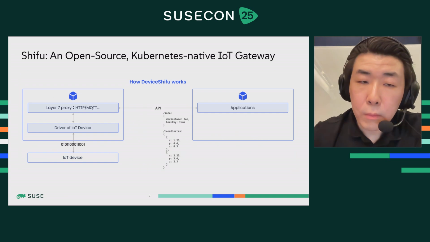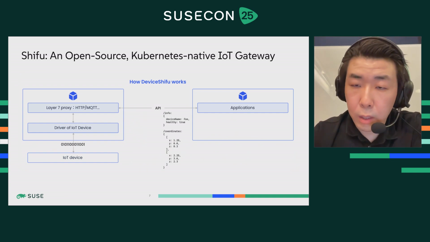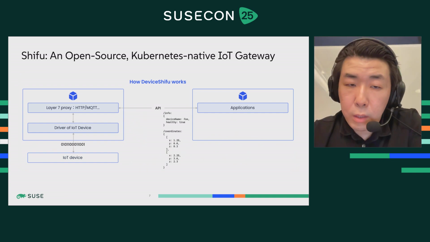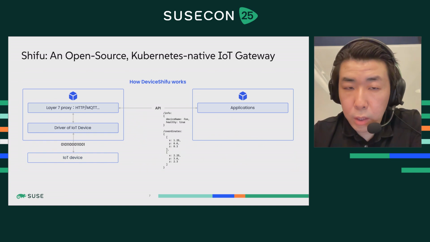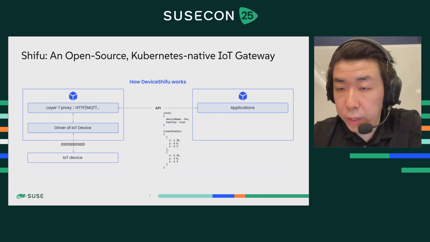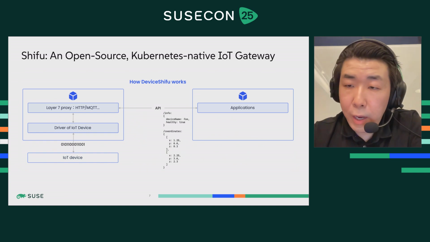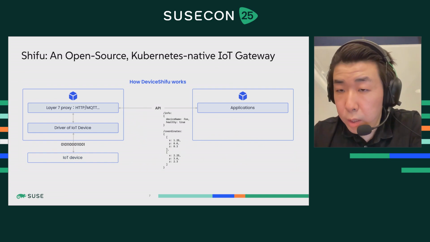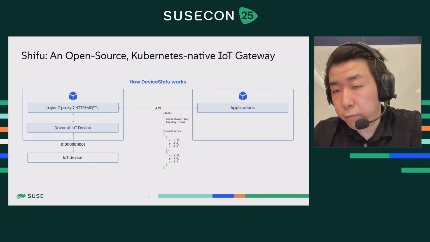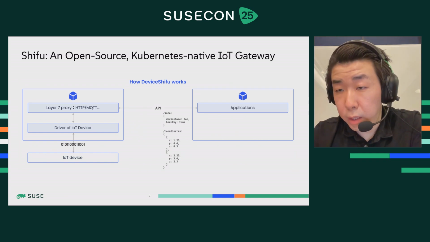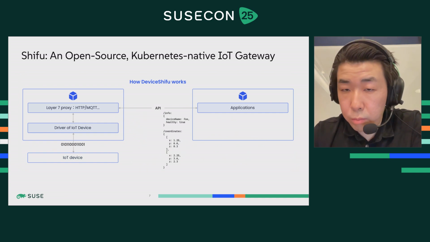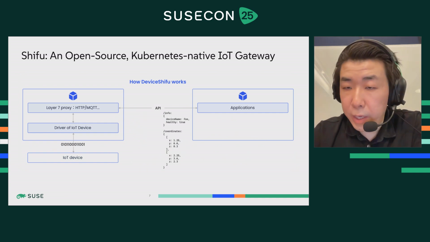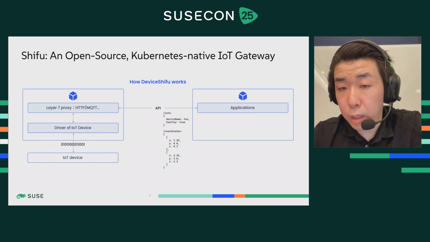And on top of it, it's a layer 7 proxy. After those two combined, raw data goes in from the device and application-ready data comes out. We encapsulate all the device-specific logic inside the driver. By doing so, application developers will only focus on business logic, doing what's important for the company.